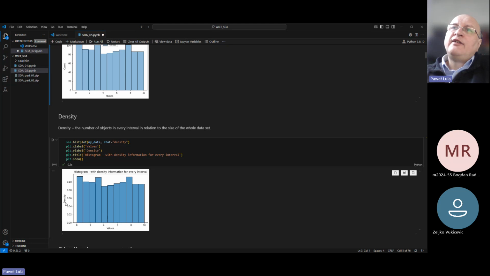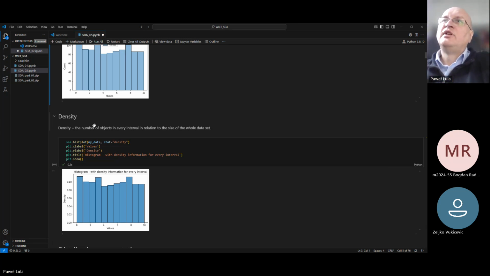Here we have density. Density is rather real numbers, rather small numbers, and we should know how to interpret these values which we use for describing the density.